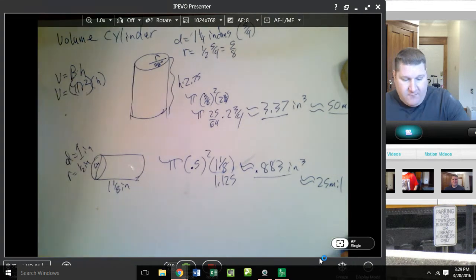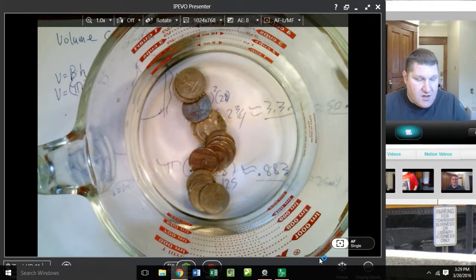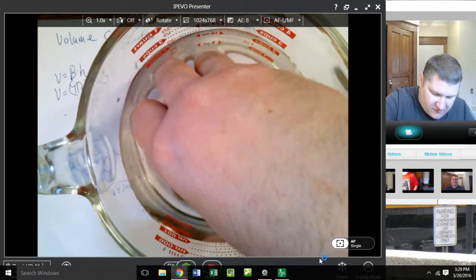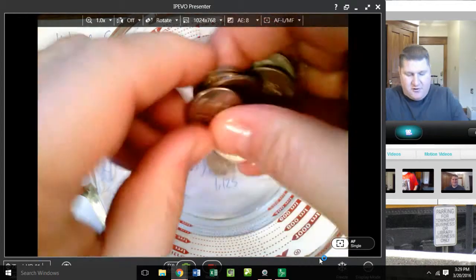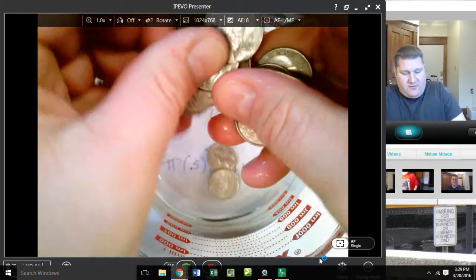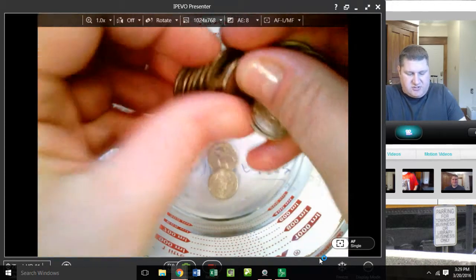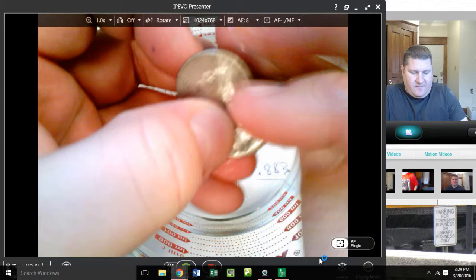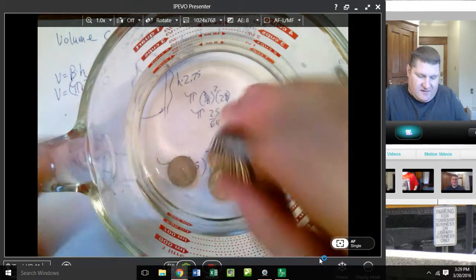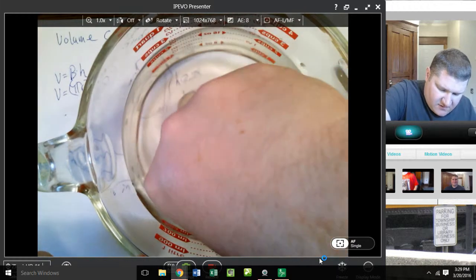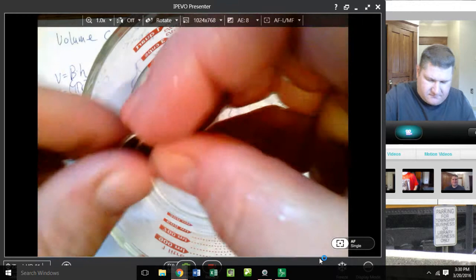Okay. Now, by the way, the quarters also prove another process. Regardless of whether the quarters are stacked up under the water in a nice pretty cylinder, or whether the quarters are laying all over the ground like it's buried treasure or like it's treasure in a treasure chest, it doesn't make a difference. They're going to displace the exact same amount of water regardless of how they're sitting in the water.